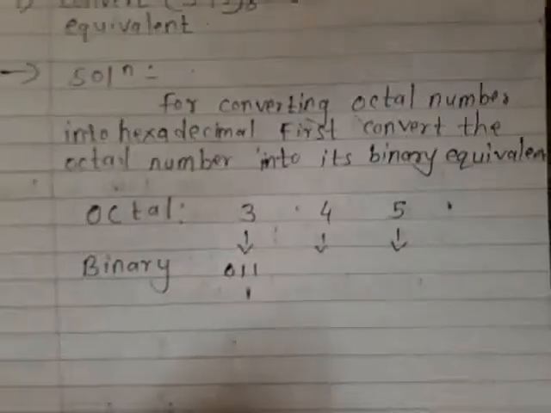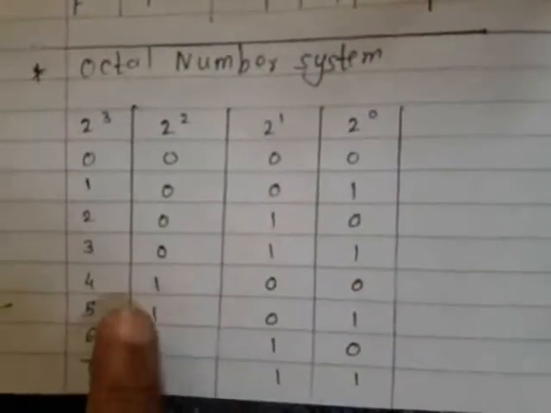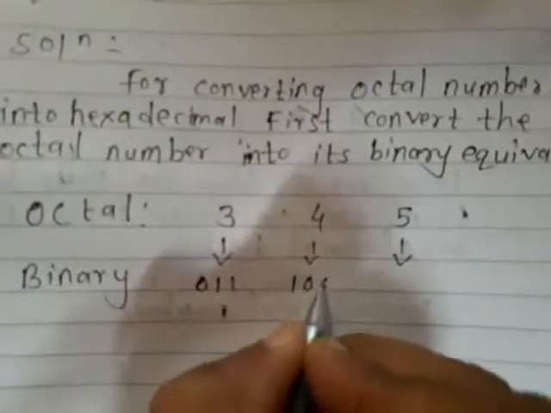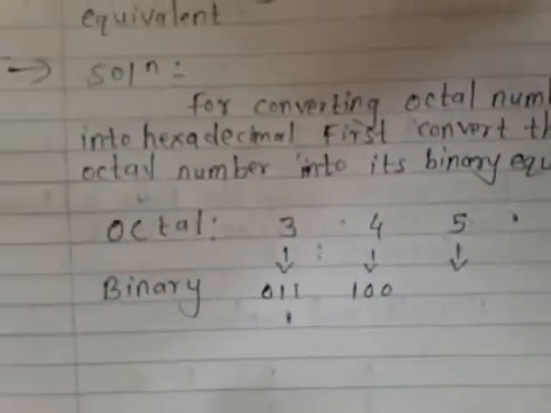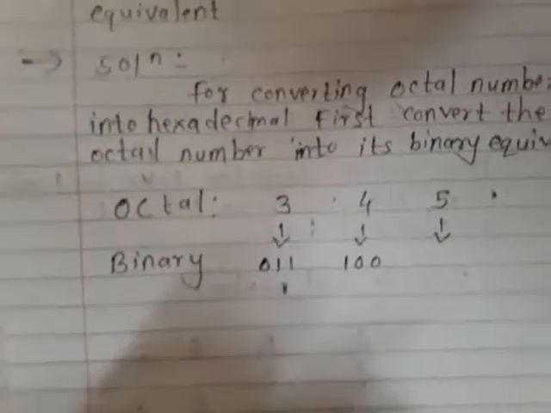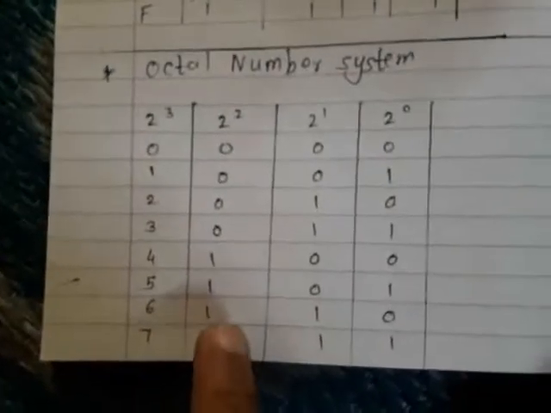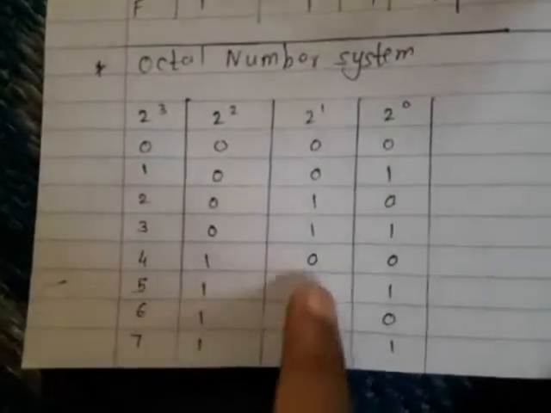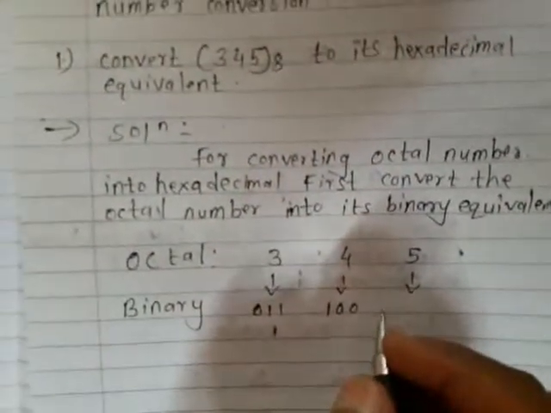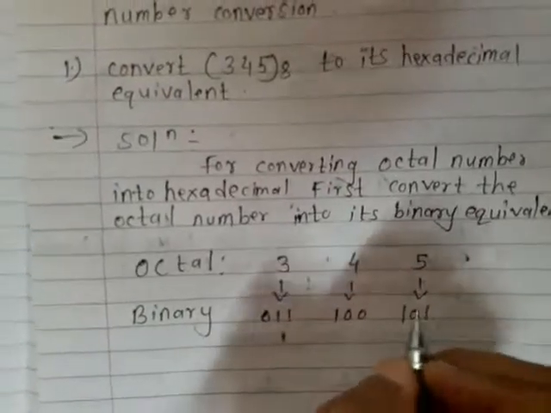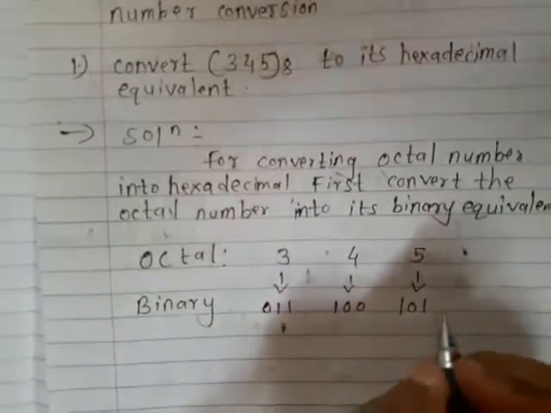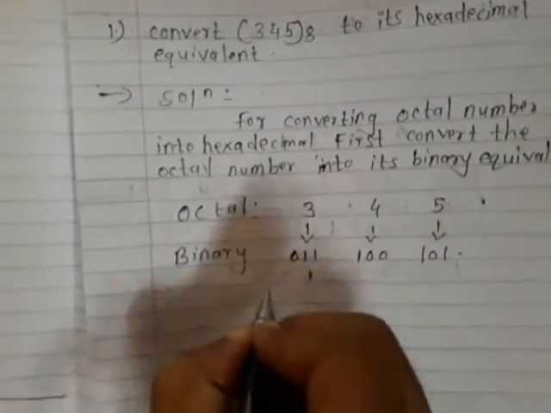Now 4. What is the value of 4? 1, 0, 0. Now 5. What is the value of 5? 1, 0, 1, by the help of the octal number system chart.